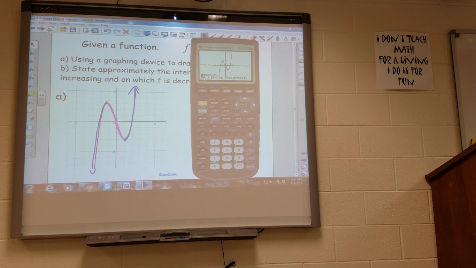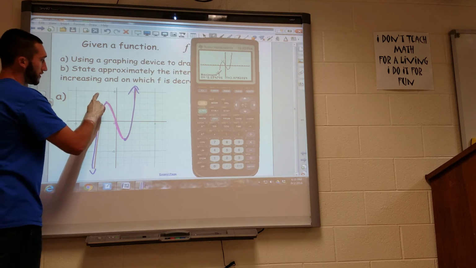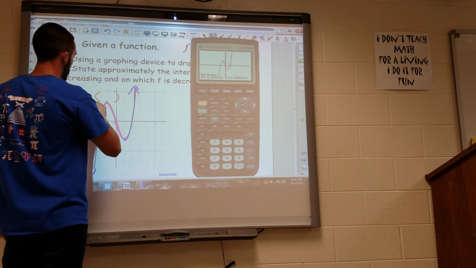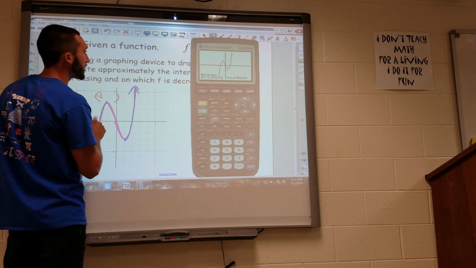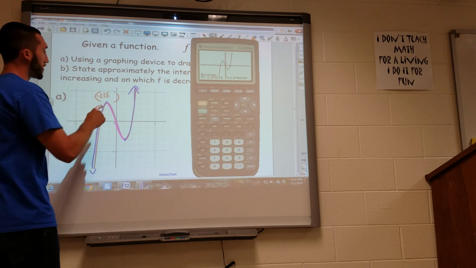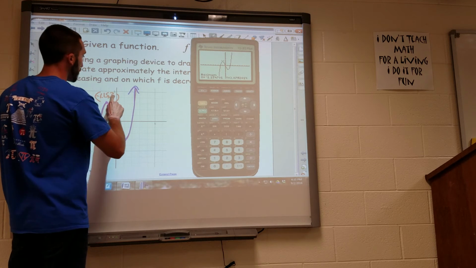So I can see that this point, that point is the point -1.15, and hundredths is far enough, comma 3.08.